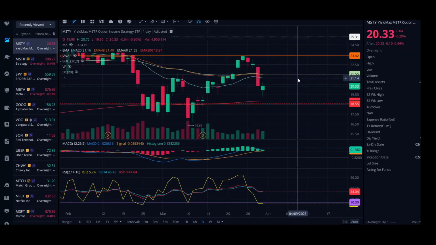But anyway, for MSTY and these YieldMax ETFs, right now I am just kind of holding, but I will say, I just noticed, if you look, it is below the 10 on the RSI 2. So maybe I'll go in and I'll purchase a couple shares just because it is below that 10 on the RSI. Looks like it's sitting at about $20.23 after hours right here.